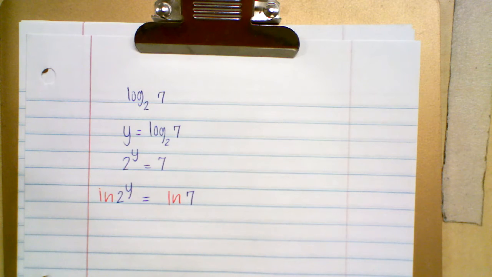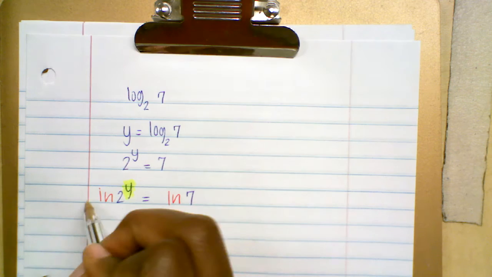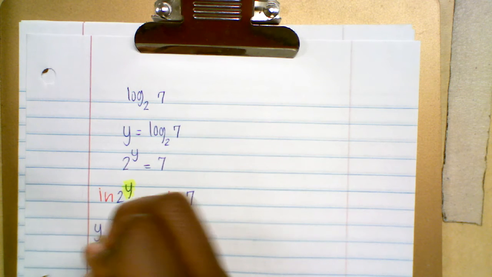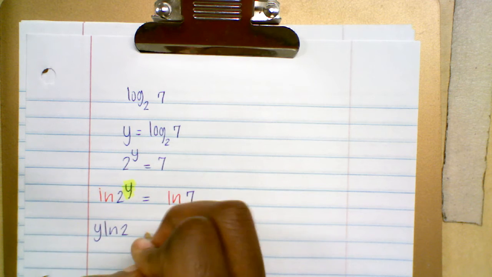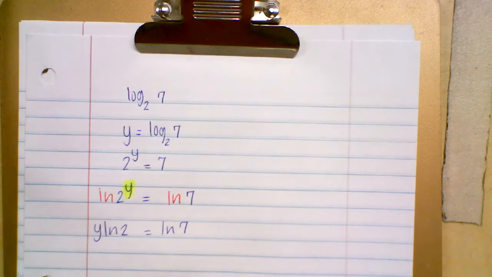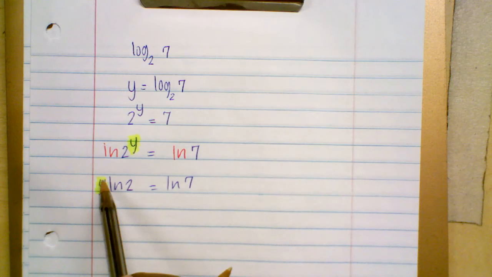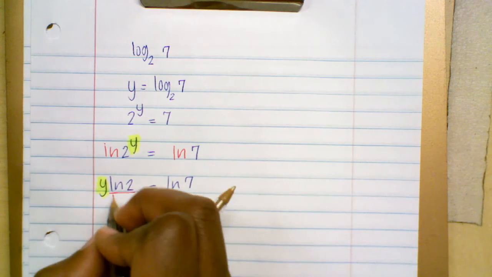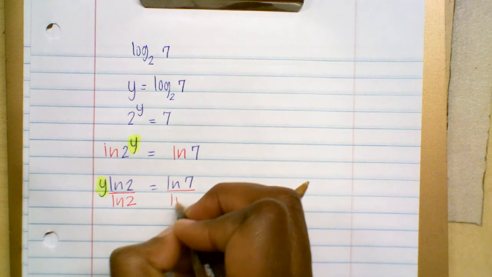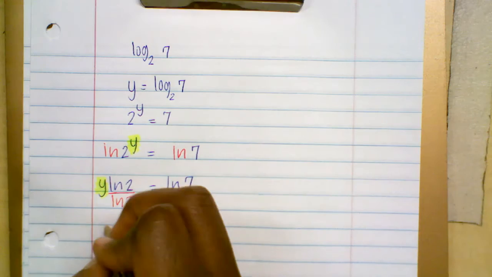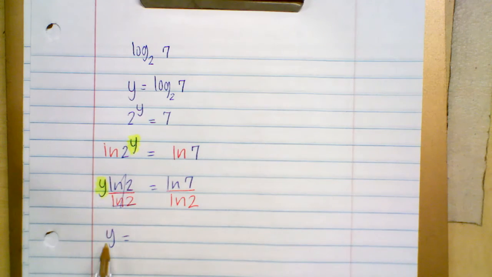According to the power property of logs, you're going to take this y and bring it in front. So you get y times ln of 2 equals ln of 7. You want to solve for y, so you divide both sides by ln of 2. A number divided by itself simplifies to 1, and 1 times y is y.